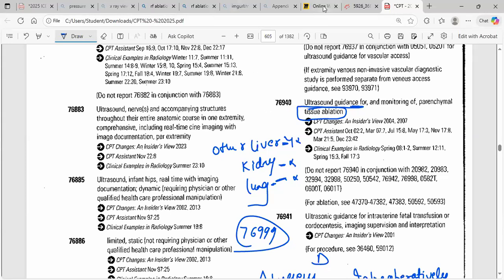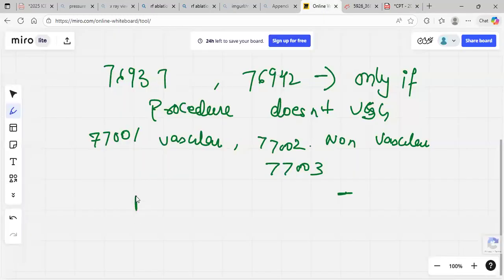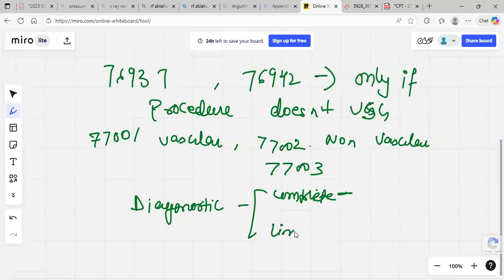After the guidance, let's proceed with the diagnostic ultrasound. Our ultrasound codes are based on the complete and limited, as well as OB and non-OB. Let me put those first. Complete and limited.